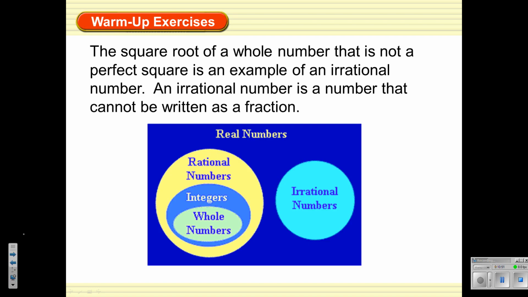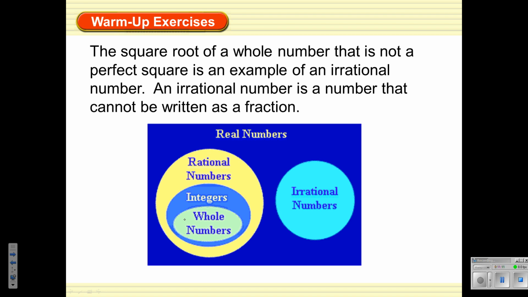The square root of a whole number that is not a perfect square is an example of an irrational number. An irrational number is a number that cannot be written as a fraction. So, on your paper, it says write some examples from the PowerPoint on the diagram. Let's talk about some whole numbers.